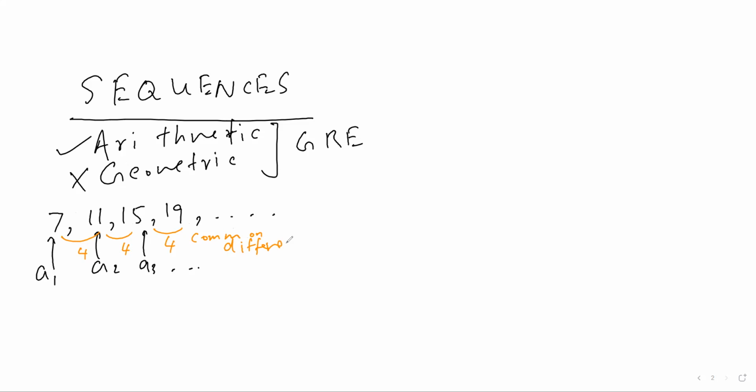This is called the common difference, and it's termed D. If you look at this sequence, I would always encourage you to know where the equation comes from, so that in case you have any doubts about that equation while you are in exam mode, you can always derive it rather than guessing.